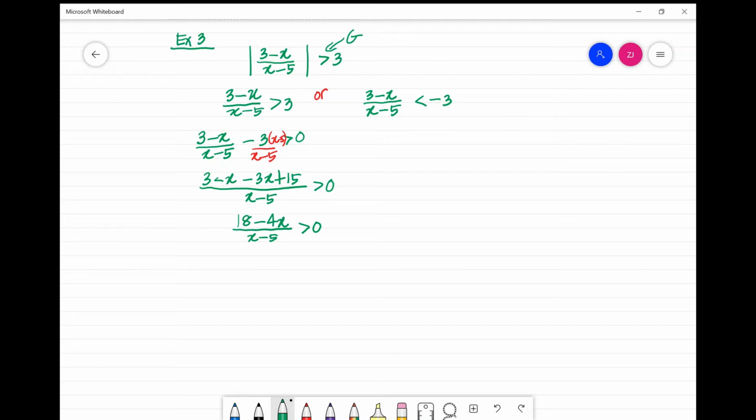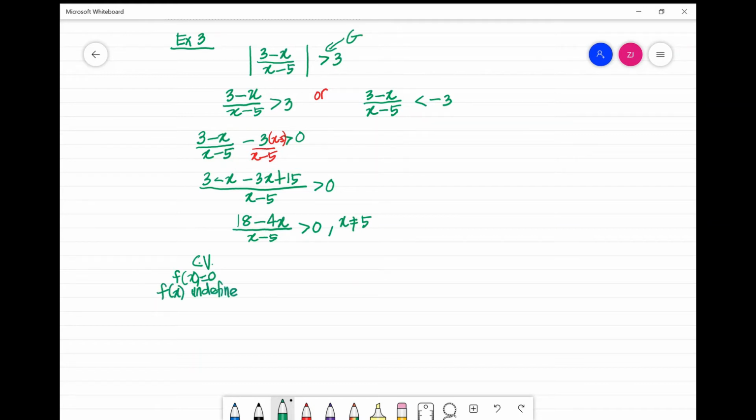We set the condition that the denominator cannot be 0, thus x cannot be 5. Now we find critical values. Critical values are found if f(x) is 0 and f(x) is undefined. f(x) being 0 means the numerator will be 0, and f(x) undefined means the denominator will be 0.